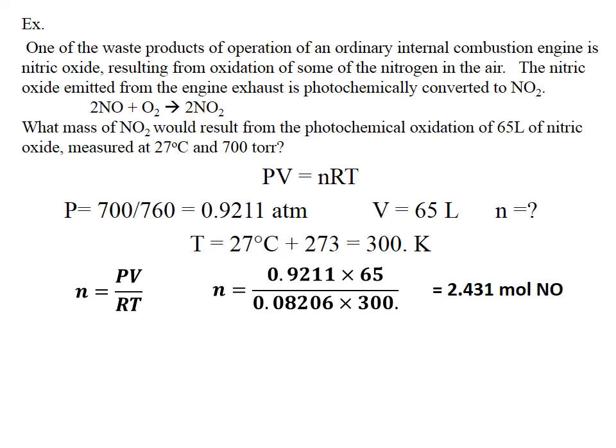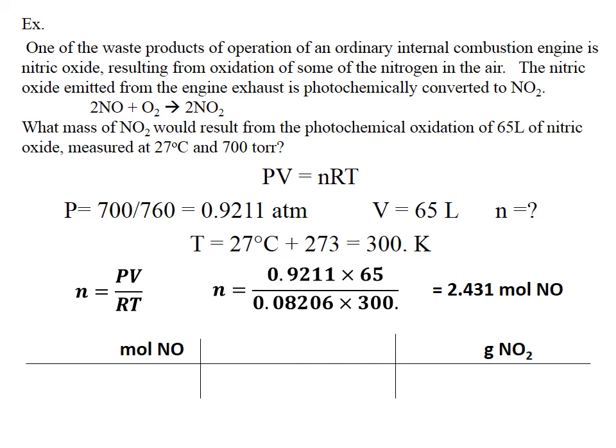We have to do stoichiometry. So we start with moles of our nitric oxide and we want to get to grams of nitrogen dioxide. We calculated 2.431 moles of nitric oxide. Then we want to convert moles of nitric oxide to moles of nitrogen dioxide.